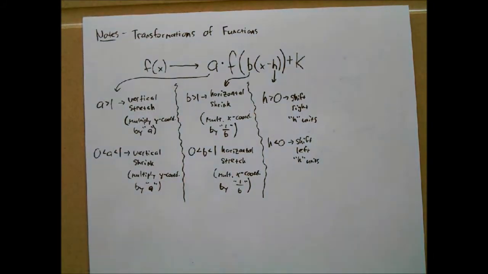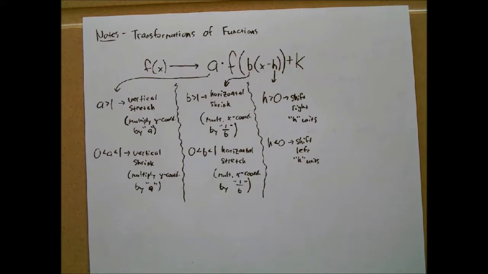The purpose of this is that I already put the minus in front of the h. So if it was 2, minus 2 is going to shift right 2 units. But minus a negative number, like minus negative 2, will shift it left that many units. Okay?